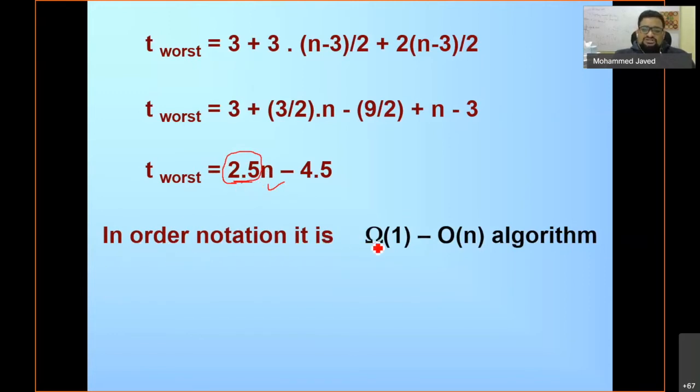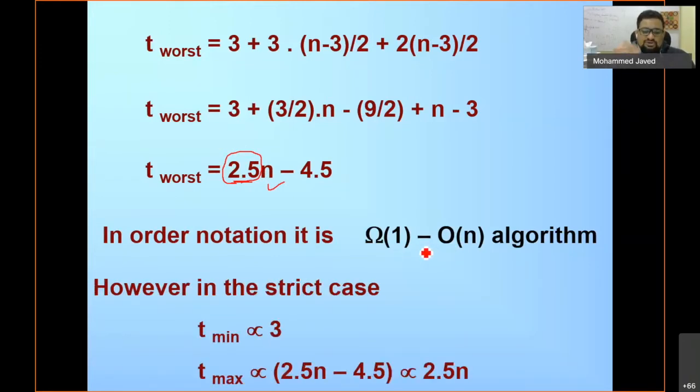So in order notation, this remains the same. It is omega of 1 and O of n, similar to the previous algorithm. However, in the strict case, T minimum is proportional to 3 and T max is proportional to 2.5 n in this particular algorithm.